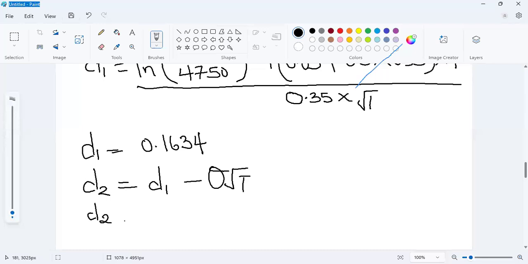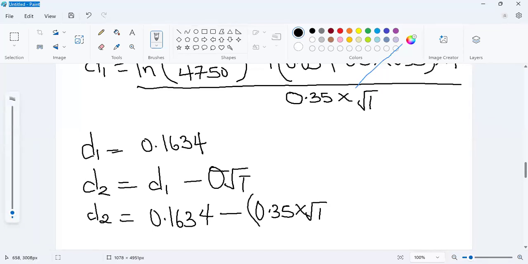Our D2 is equal to 0.1634 minus 0.35 multiplied by the square root of 1. You can place this in brackets. What is D2?